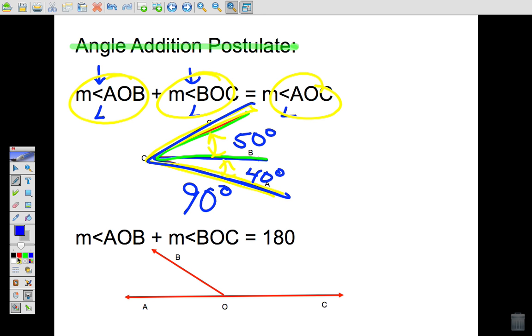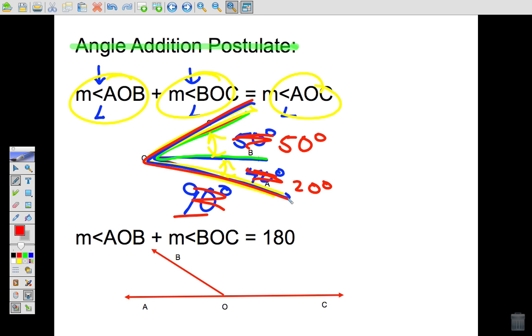Maybe a better example would be AOB, let's call it 20 degrees. And then BOC, let's leave it at 50 degrees. So what do the two add up to? The whole thing, which is 70 degrees.